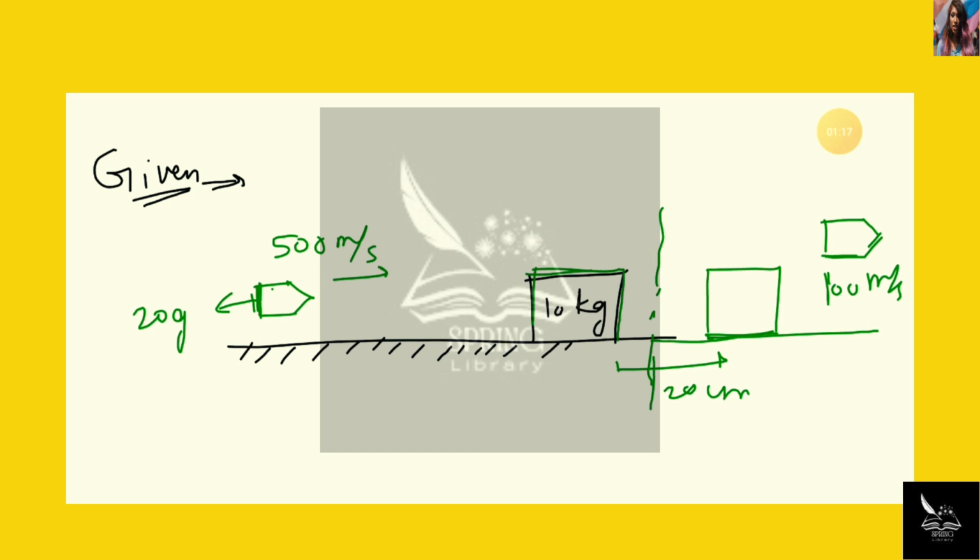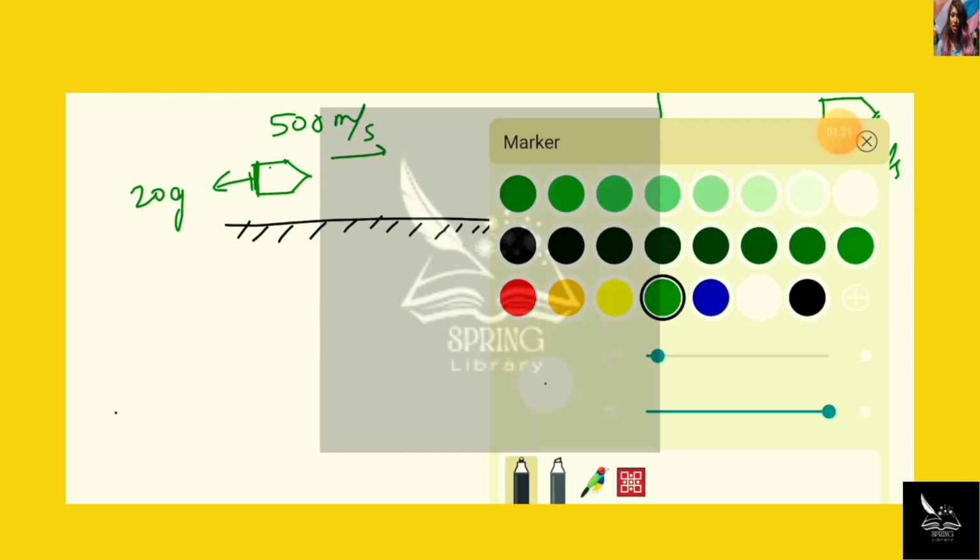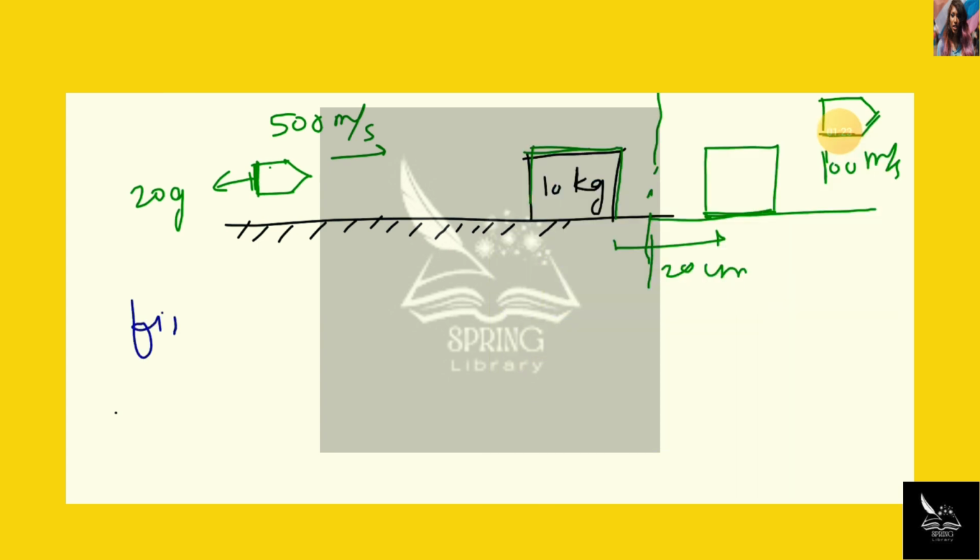So now in the question it is saying that by using this data we have to find out the friction coefficient between the block and the surface.